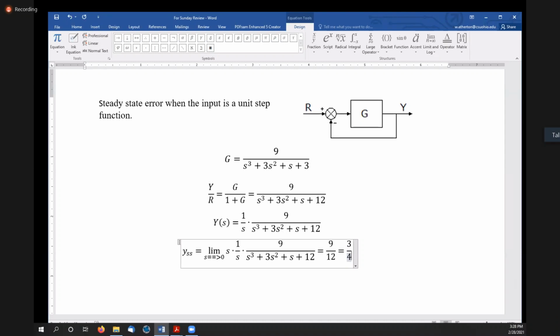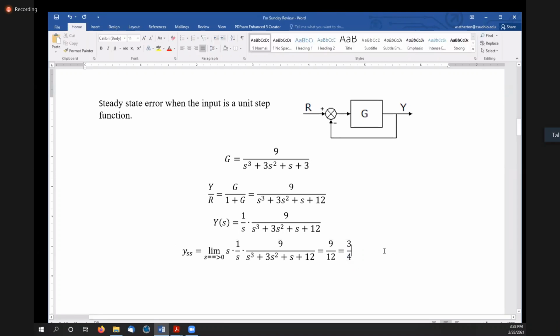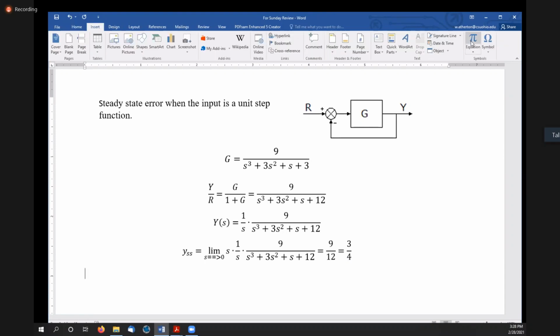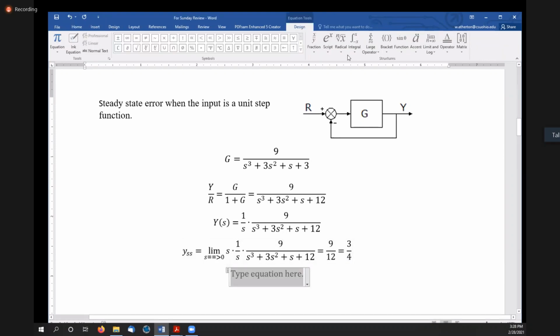So it looks like the final value is 3/4. So what would be the steady state error? Got one more operation here. The steady state error would be equal to the input, what would that be?